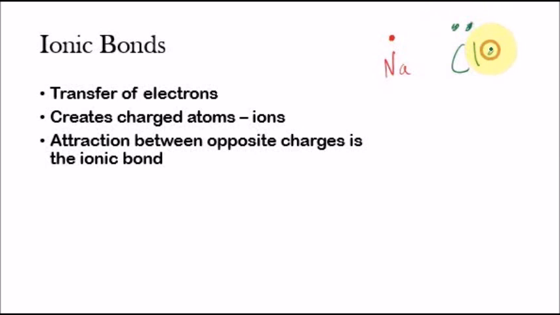In the previous video, I mentioned what a valence electron is. A valence electron is an electron within the outer shell of an atom, and it's important to understand this. So sodium has 1 valence electron in its outer shell, and chlorine has 1, 2, 3, 4, 5, 6, 7 valence electrons in its outer shell.